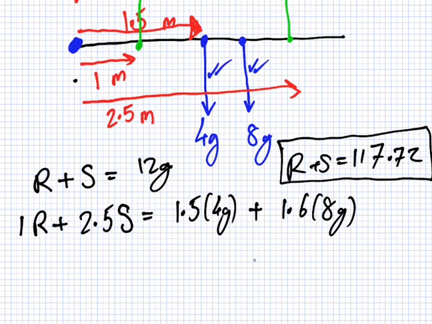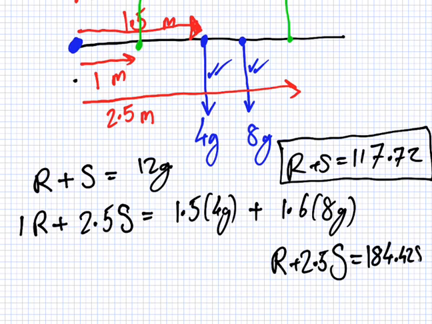So I get R plus 2.5 S should equal, uh, 184, is it? Yeah, 428.